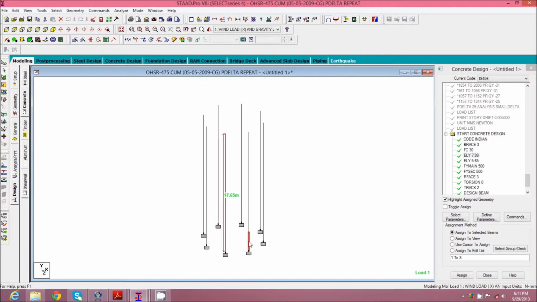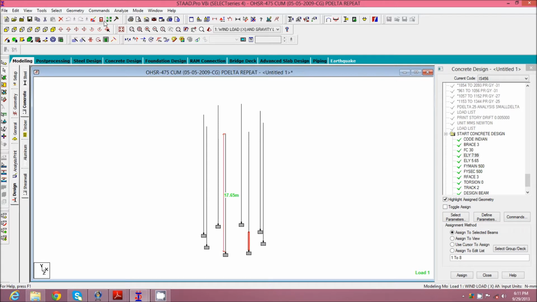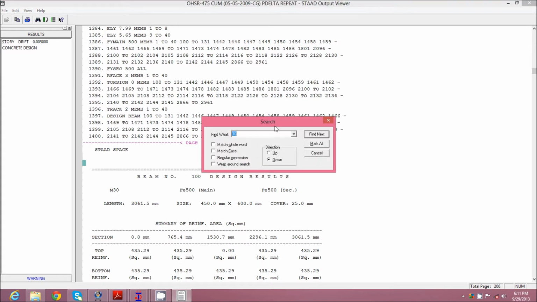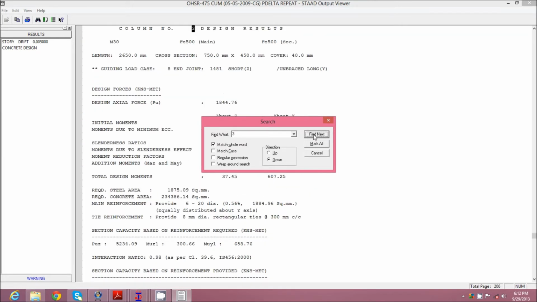Let's see one particular column. So this is column number 3, or say member, it's a column number 3. We have already designed this particular structure. We'll come to that column number 3 and see whether we'll get the necessary slenderness ratio.